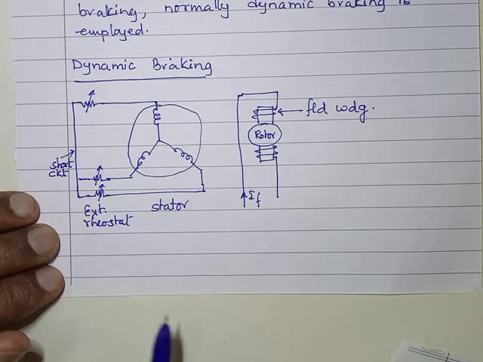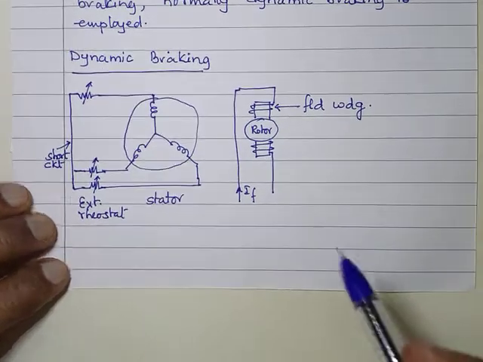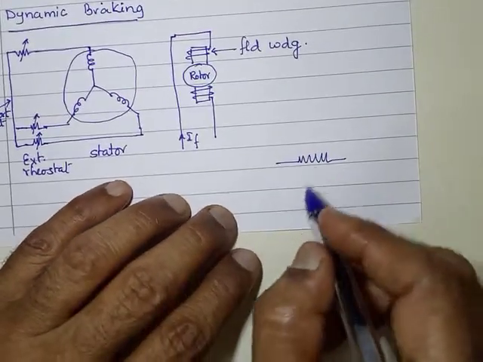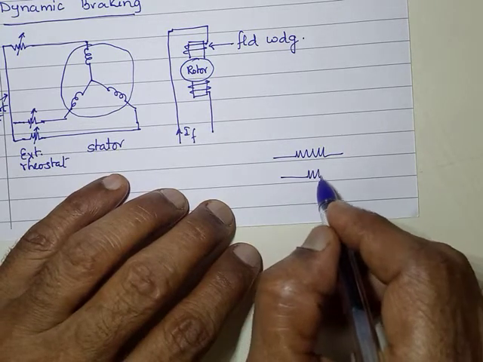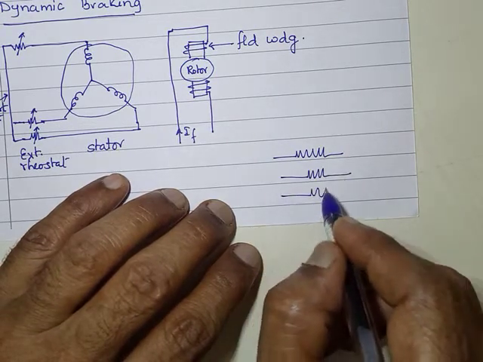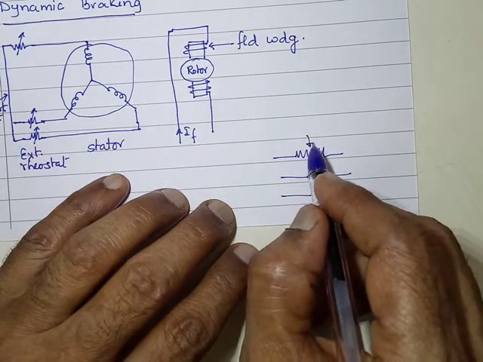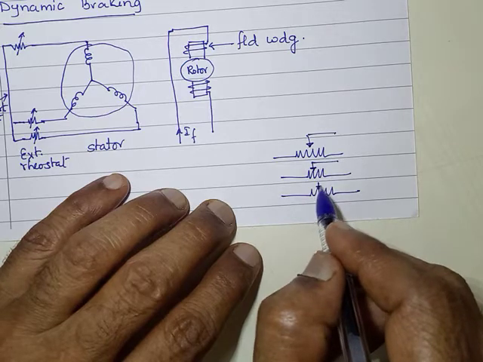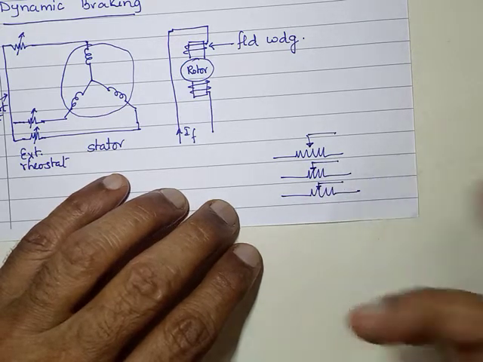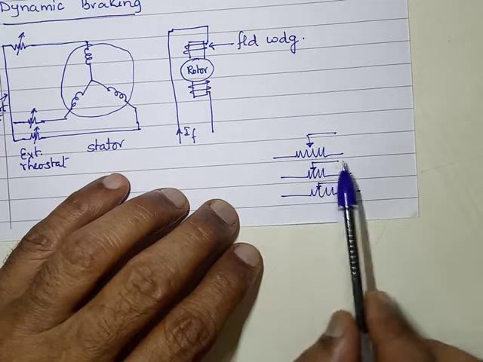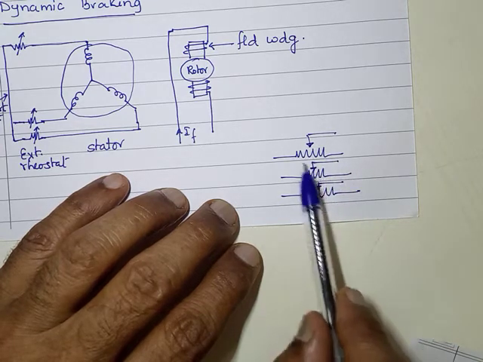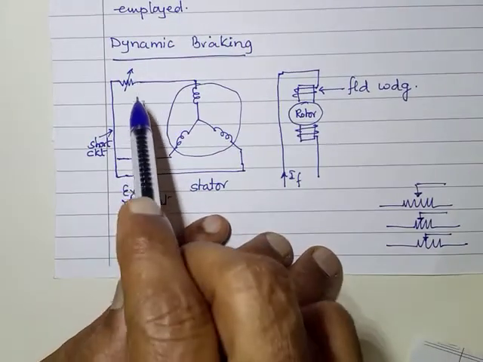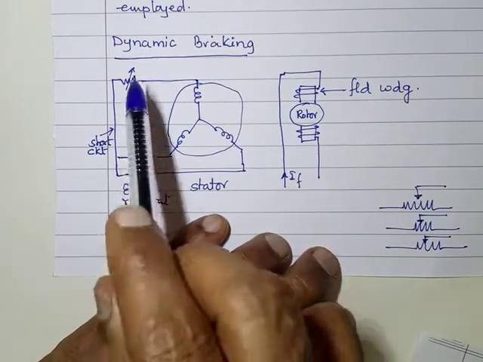What you did there, you took three rheostats, and the three rheostats were put like this physically, and their jockey variable points were like this. Now I will have to move these simultaneously so that equal amount of resistance is added or taken out. Otherwise the operation will be unbalanced operation.